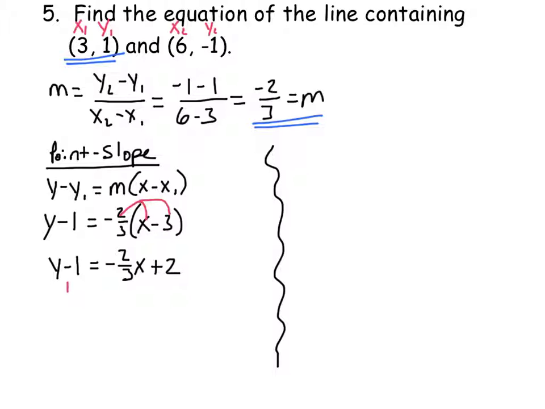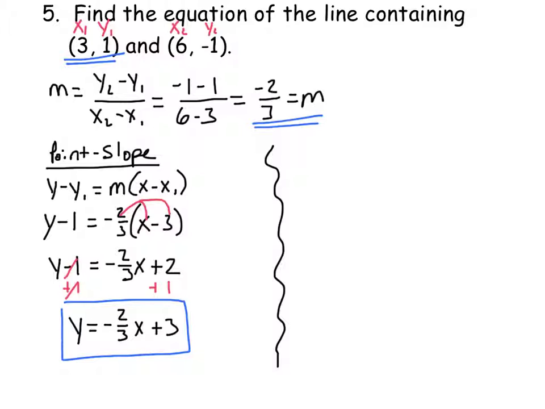So now we need to add 1 to both sides. So y equals -2/3 x plus 3. Any questions on working that problem using point-slope?